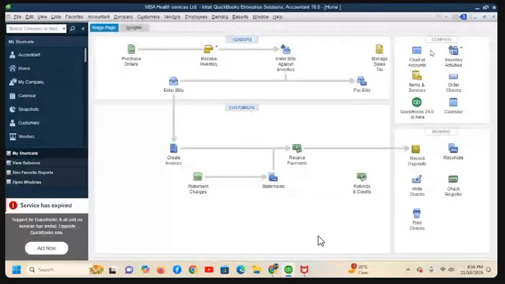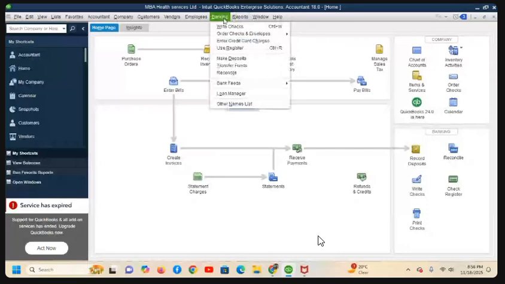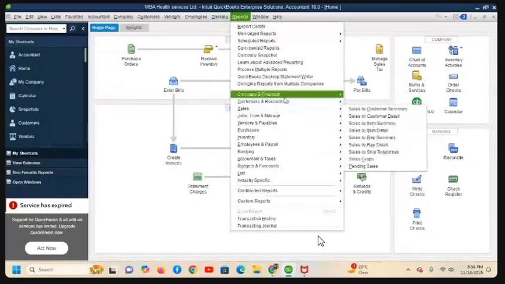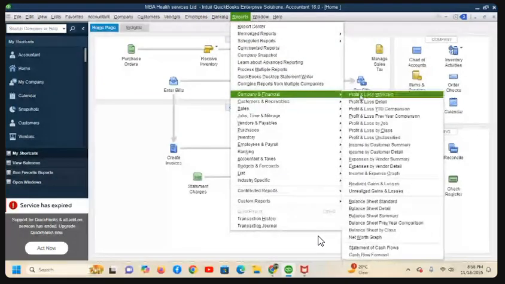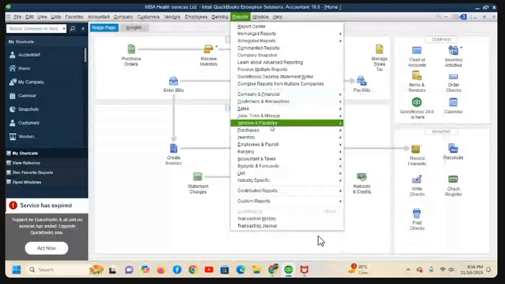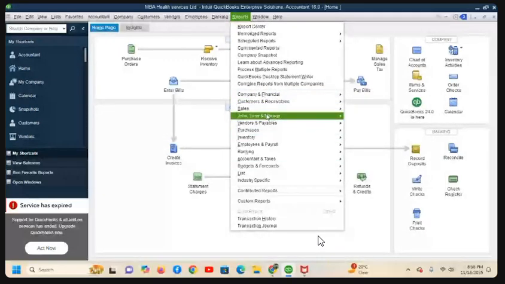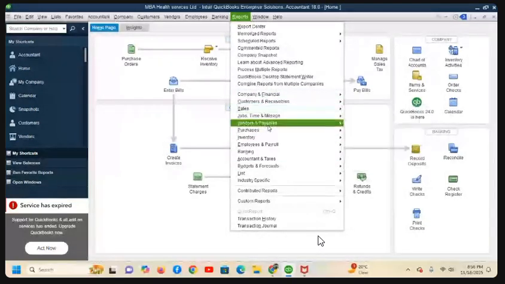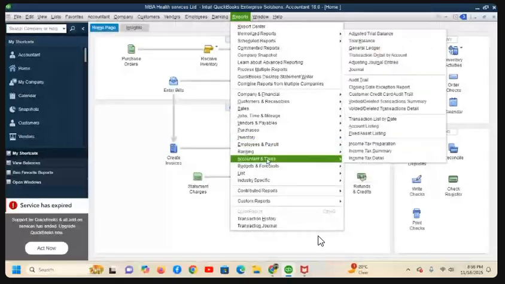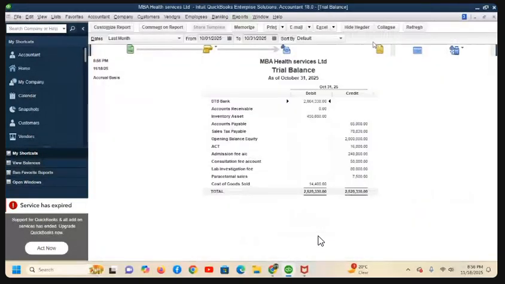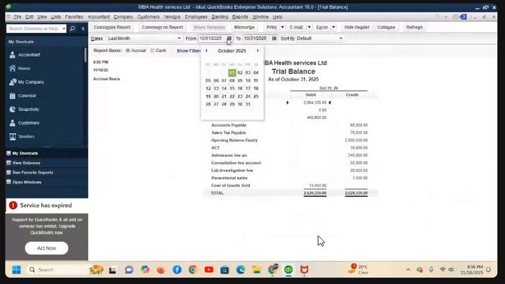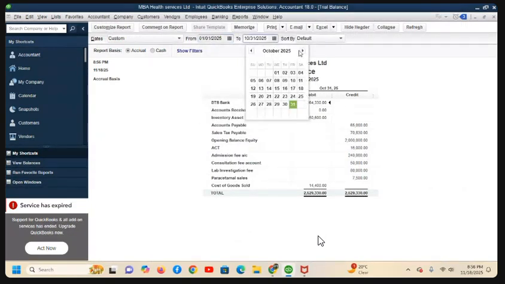When I save and close, I go back and check on my reports. You are going to find out that the account receivable is no longer there.